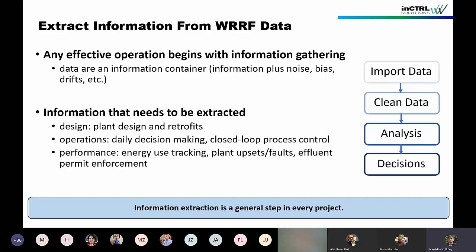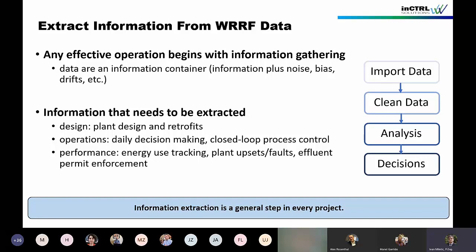So this slide is kind of put in here to underline the idea that data and information are not the same thing. Okay, this may sound simple, but it's important to realize that data are kind of a container that you should open up and extract information from. And the general steps for that include cleaning the data, conditioning the data, making sure the data are prepared and ready for some kind of analysis that you may be interested in, whether that's modeling or just looking at some simple averages or anything really.